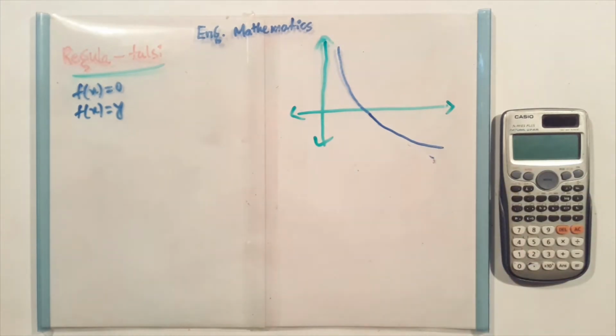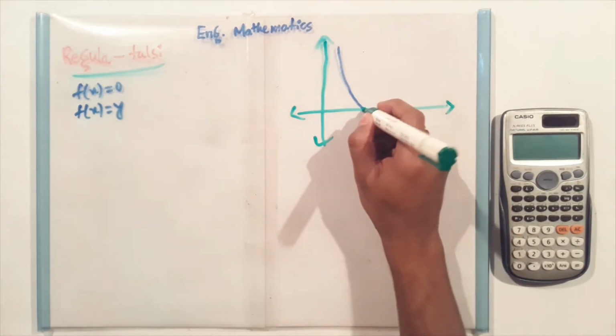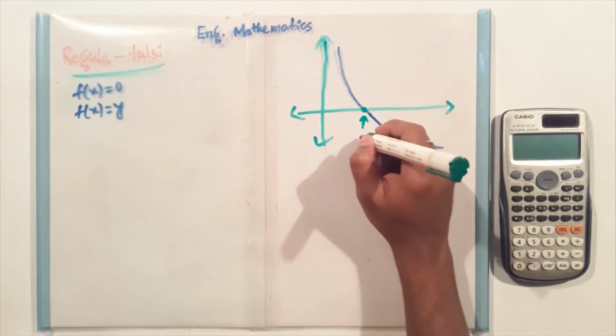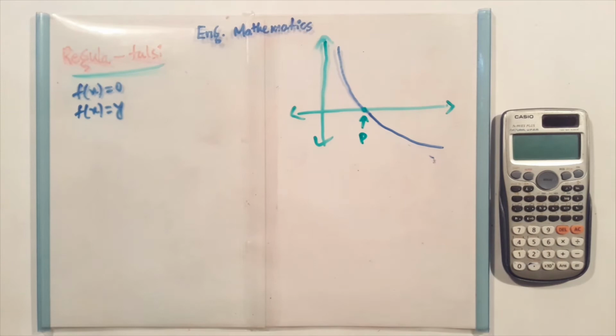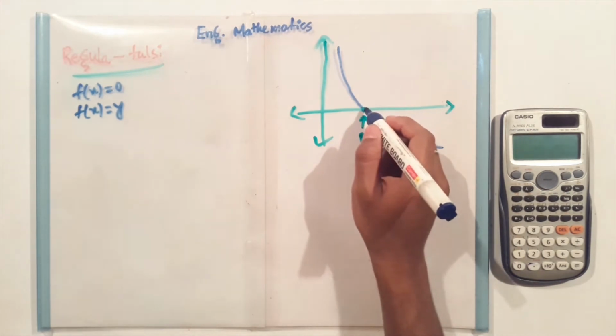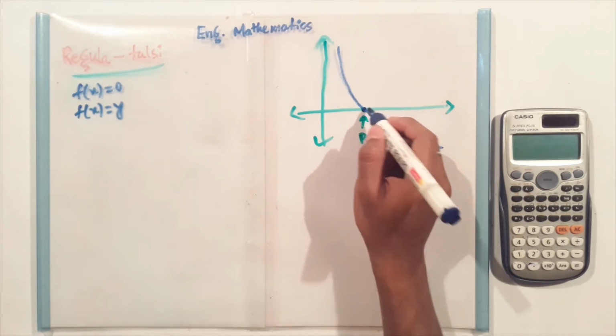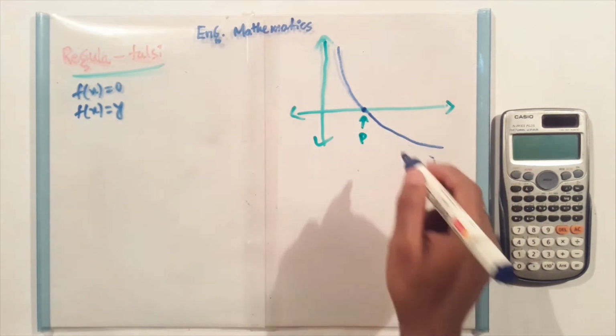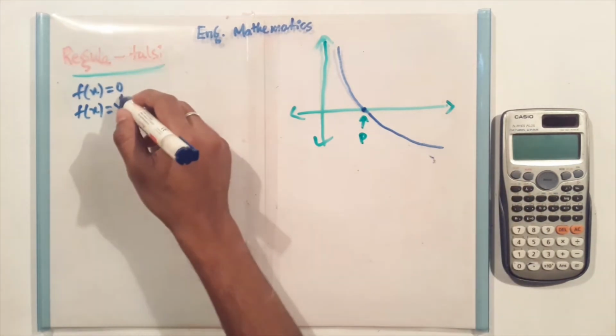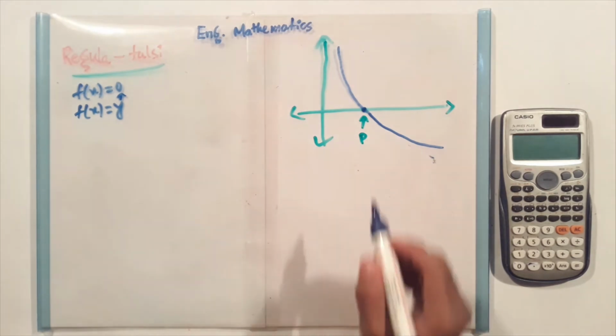As it passes through the x-axis at this point, let us call it P, and this will be our root, since the value of y at this point is 0.